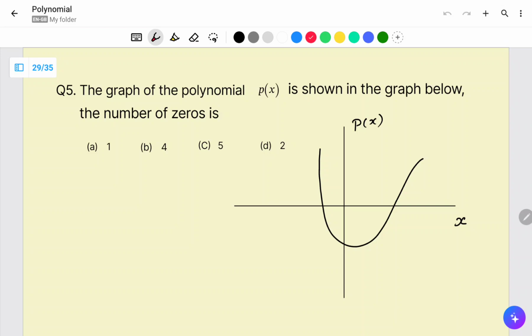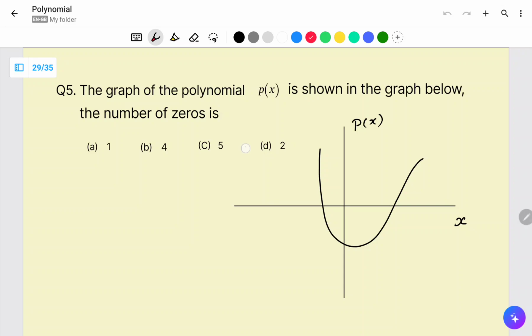The next question is, the graph of the polynomial p(x) is shown in the graph below. The number of zeros is option A 1, option B 4, option C 5, option D 2.